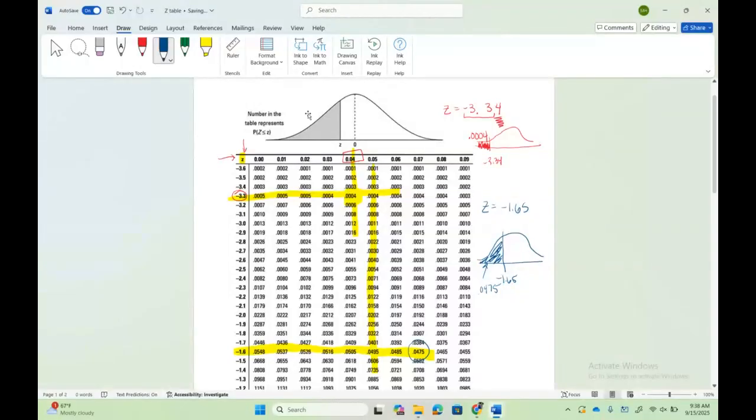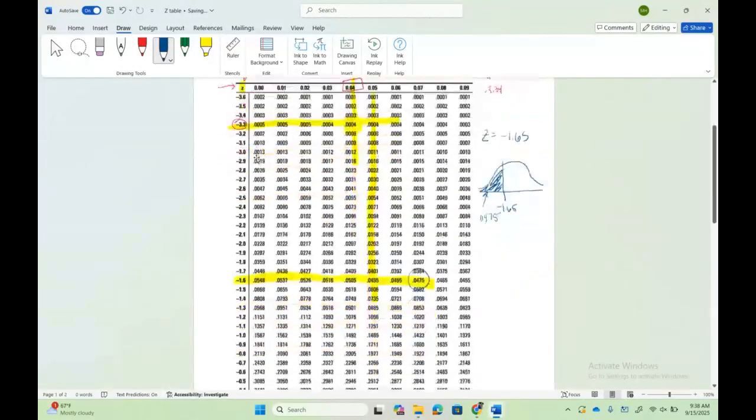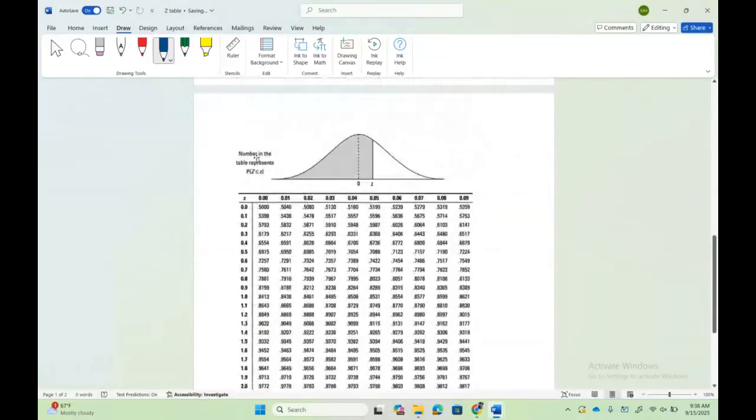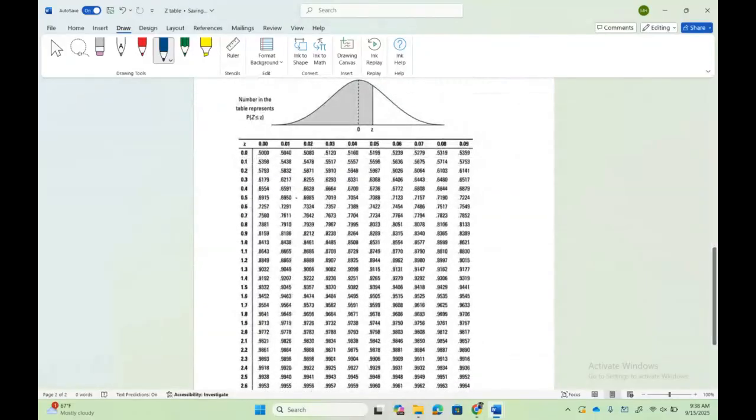On the second page, our z-scores are positive. Here, if I wanted to find the area to the left of z equals 2.39, I'm looking at 2.3 and going down to 9 and finding where these cross. The area to the left of 2.39 is a bigger area, so these probabilities are increasing, and I would get 0.9916.